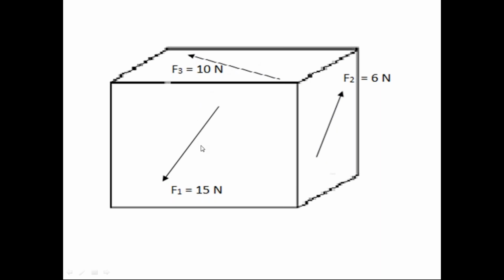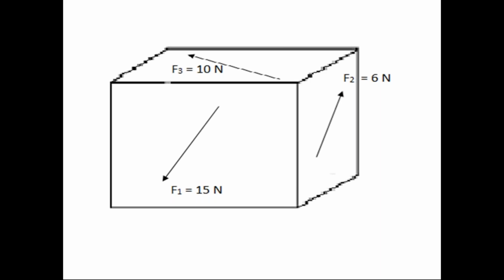So we call this force system a non-coplanar force system. A force system is called non-coplanar if the lines of action of forces lie on different planes. If the lines of action lie on the same plane, we call it a coplanar force system. If they lie on different planes, we call it a non-coplanar force system.